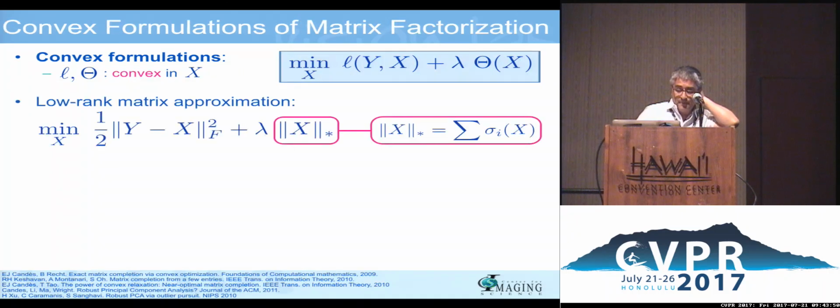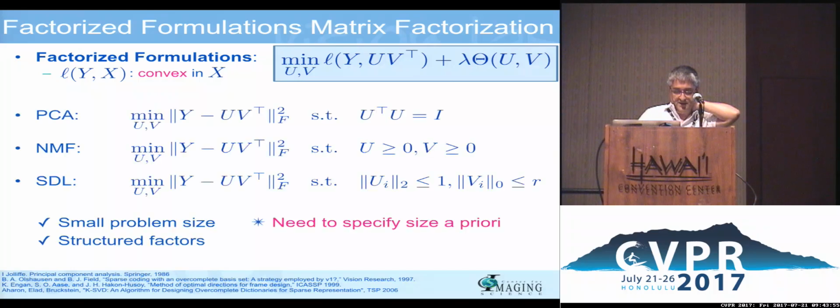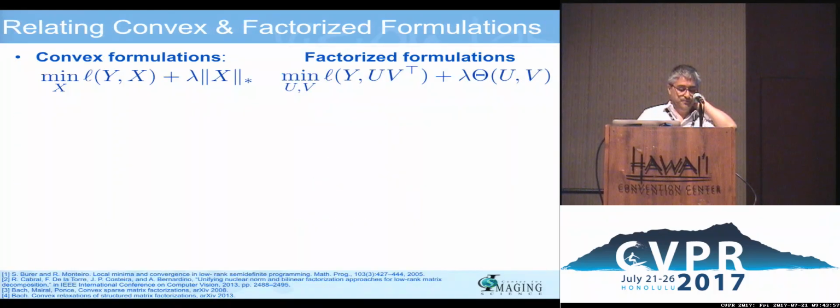So let me skip some of the examples. I think I've already given them. So what this slide is going to show, and maybe is the simplest technical slide in the sense that it gives you the gist of the results by just looking at them, is going to tell you why it is the case that you can have guarantees of global optimality for this non-convex matrix factorization problem.